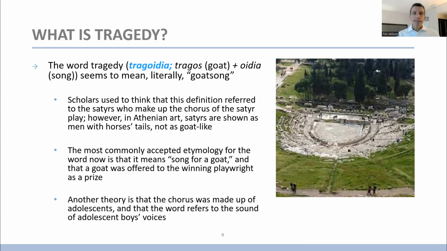So the most commonly accepted etymology now is that the word meant, let's say, something like song for a goat. They're competing for the goat as a prize. Another theory is that the chorus was made of adolescents, so the goat song is the cracky voice of adolescents singing that song.